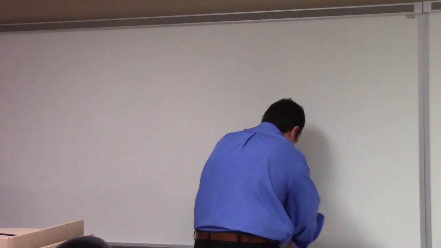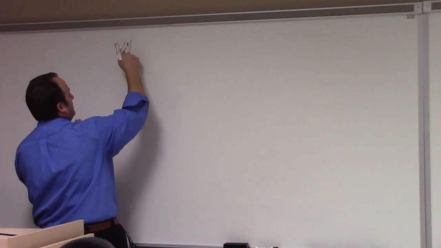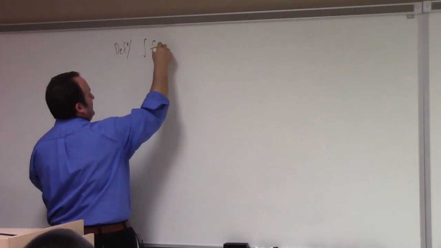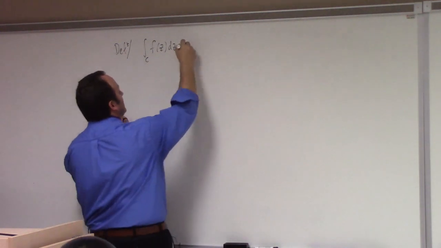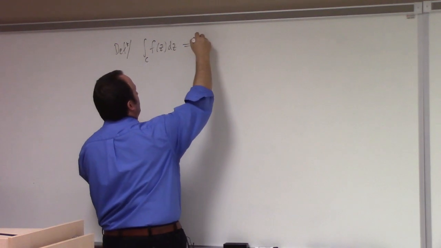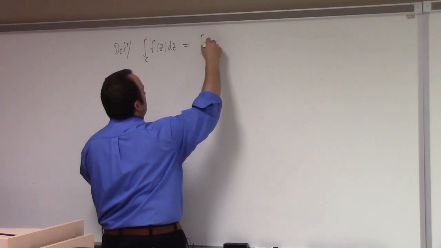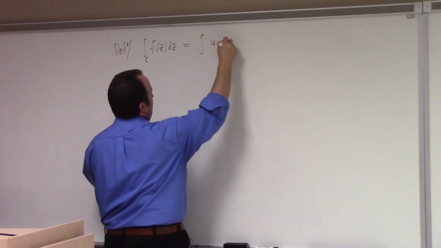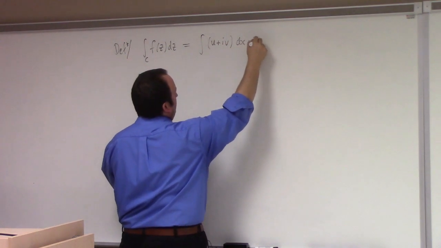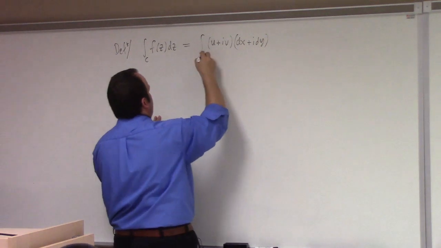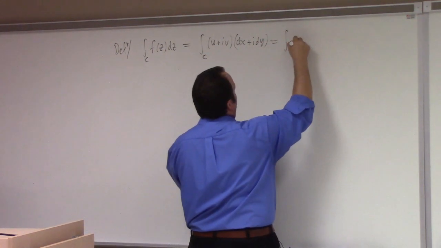So recall that we're working with this definition, the integral of f(z) dz. What does this mean over a curve? A nice definition is the integral of (u + iv)(dx + i dy). As a formal heuristic, you can think of this as just multiplying things out.